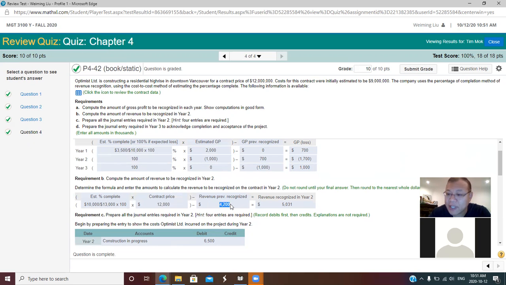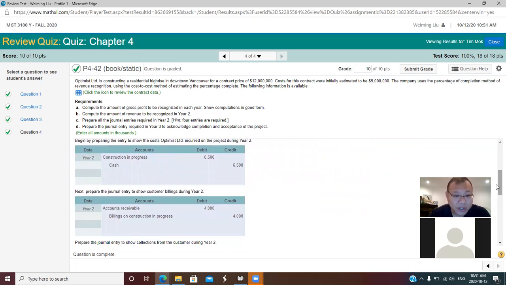By the end of year two, we have to recognize in total this amount of revenue, and I know year one I recognized this. The difference is what I need to recognize in year two. Is that clear? Awesome. So let's move on.